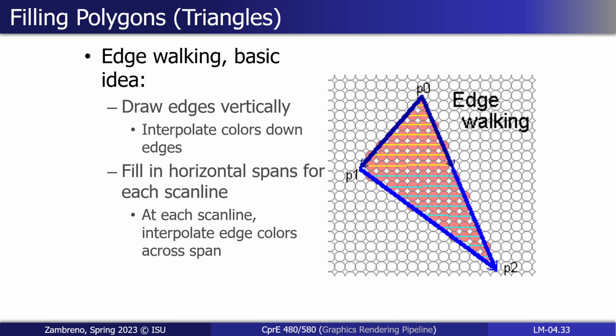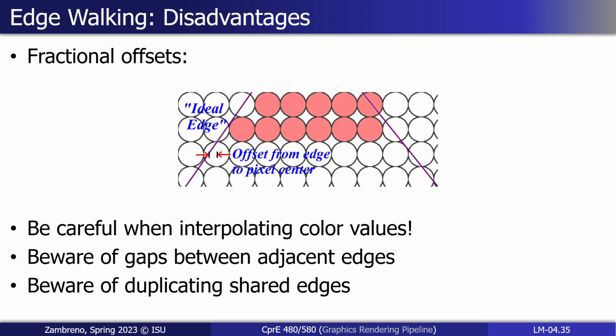We can determine on a row by row basis how much we're changing in our delta x for our other attributes here. And we treat it as just a series of horizontal lines that we're doing that rasterization for. We still have to know where our edges are, and we can do this very quickly, but then we still have to worry about, for example, edge cases.